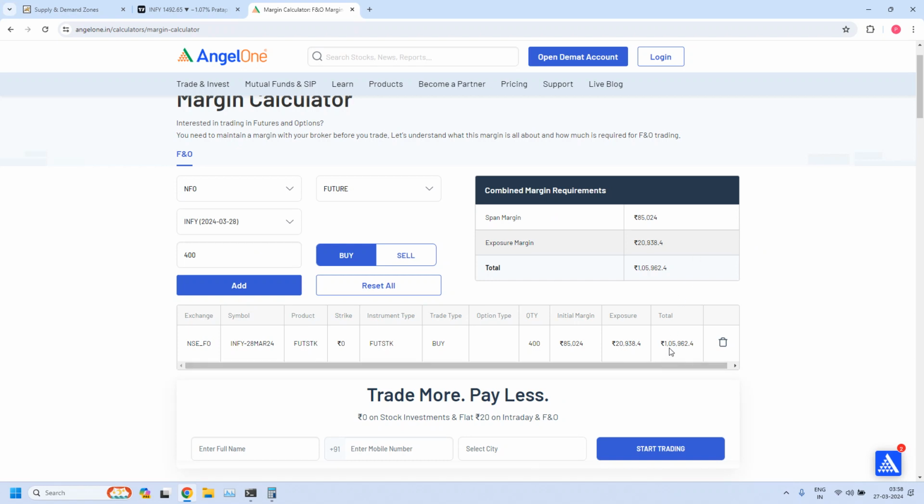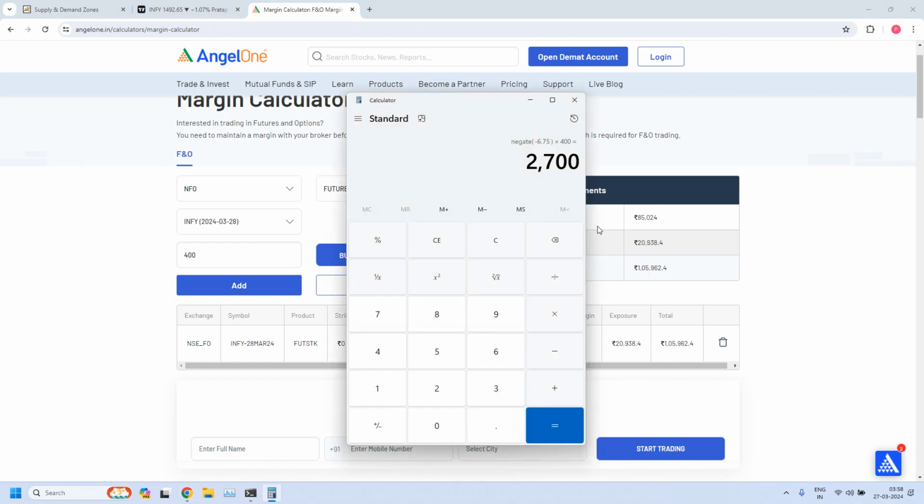How much? 1,05,962. 2,700 is the approximate value. This margin cost is approximate because at the time it gave the entry, the price is a little higher than the entry, so our margin cost would have been a little lower, but still we will calculate an approximate value. So this 2,700 would have been our profit.